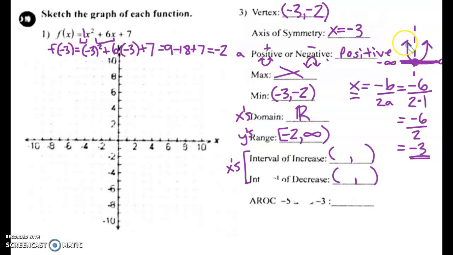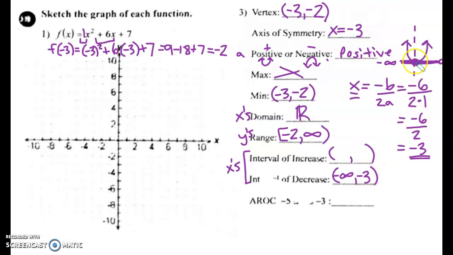So the left side is decreasing. So that one would be from negative infinity to the x value of our vertex. So remember, the x value of our vertex was -3. So the decrease would be from negative infinity all the way to our vertex, which had an x value of -3.